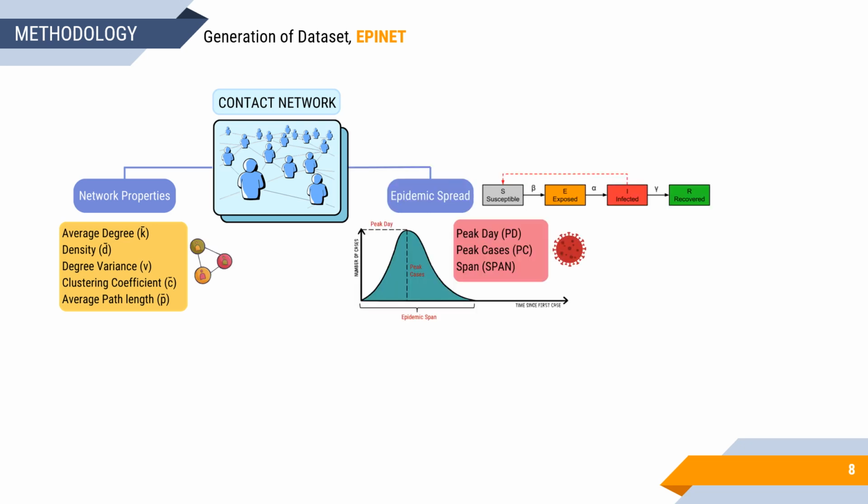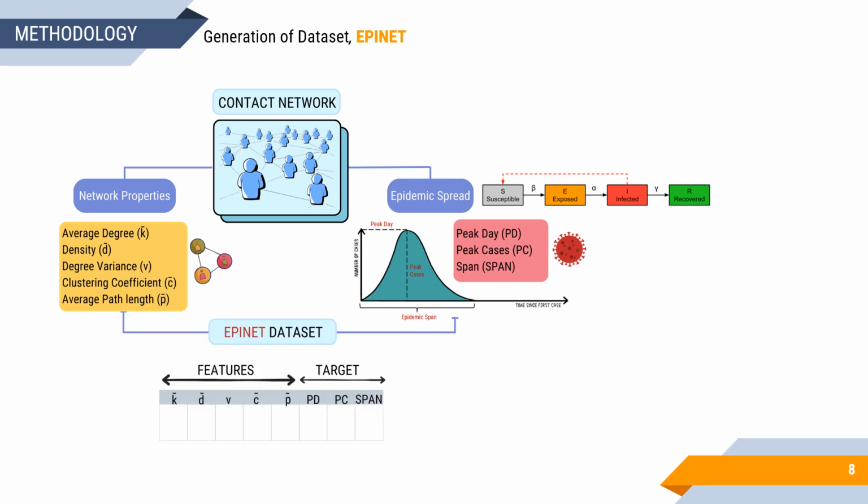Subsequently, we simulate the epidemic spread on the network using the SEIR model and note 3 dependent epidemic variables: peak day, peak cases, and span. Hence, we get a feature vector of 5 network properties and 3 target variables for each network. This dataset can be used by the research community for further investigation.